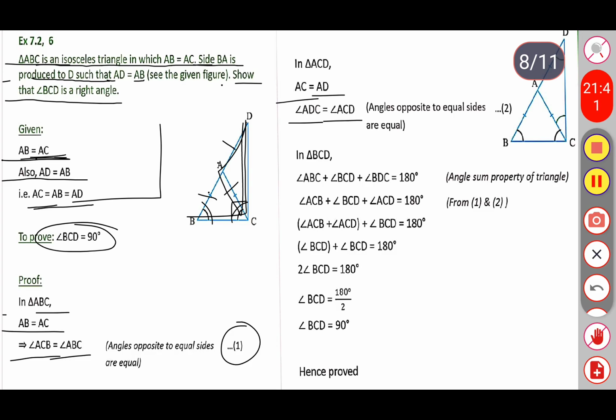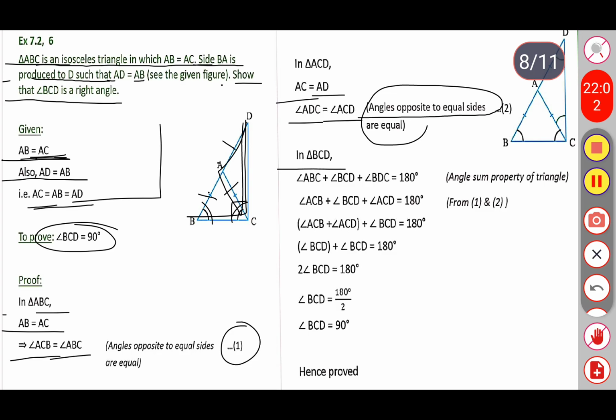Angles opposite to equal sides are equal, or we can simply say the corresponding angles of the isosceles triangle.